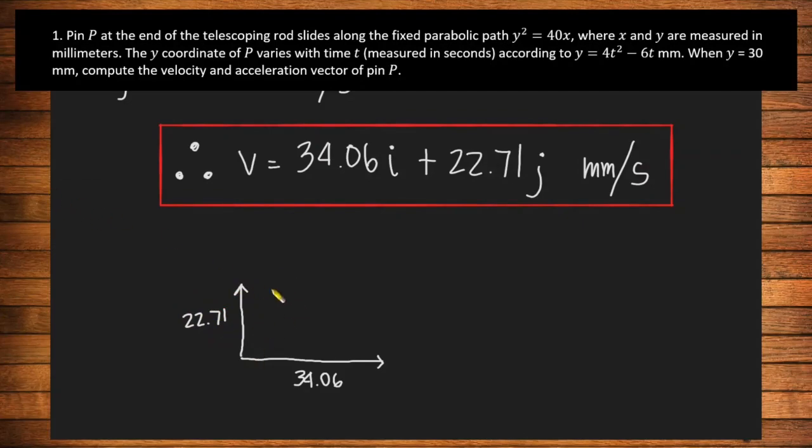So the magnitude of our velocity vector will be equal to this. So para makuha natin yung magnitude, yung gagawin nyo lang parang Pythagorean theorem lang. Okay? Kukunin nyo lang itong diagonal na to.